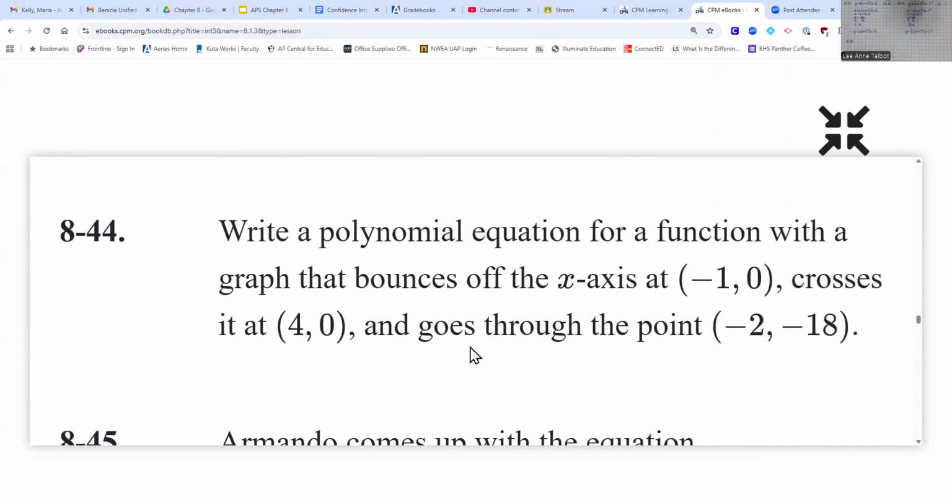I do my own thing a lot of times because CPM, they ask you all kinds of crazy questions. Write a polynomial equation for a function with a graph that bounces off the x-axis at -1, 0, crosses it at 4, 0, and goes to the point -2, -18. So this one, you're going to write the equation, solve for a, and get it to standard form.